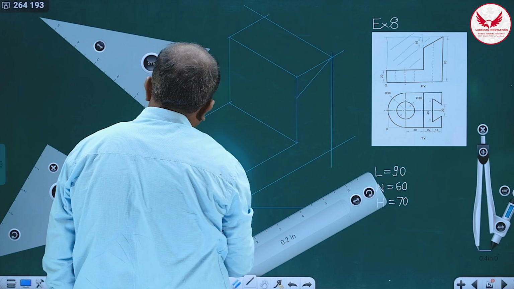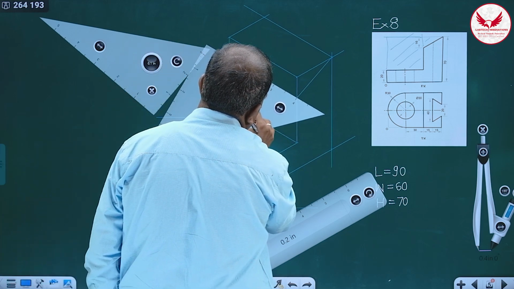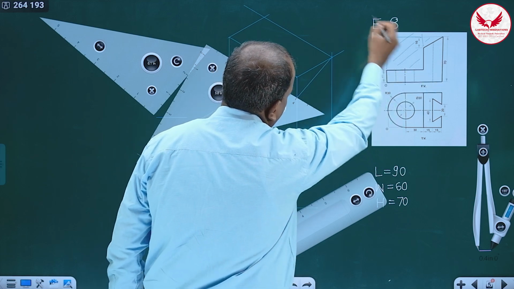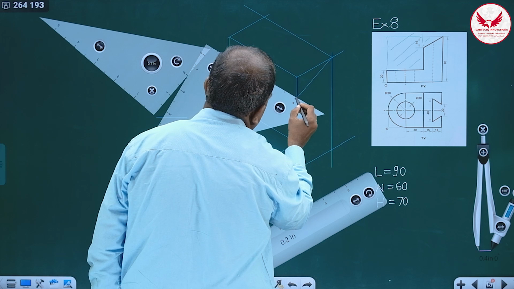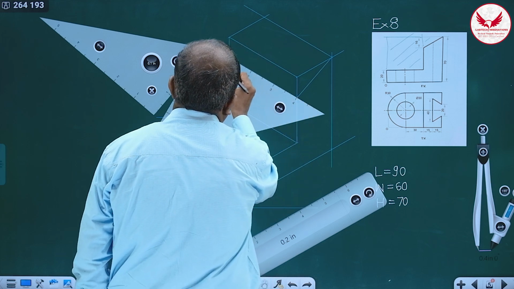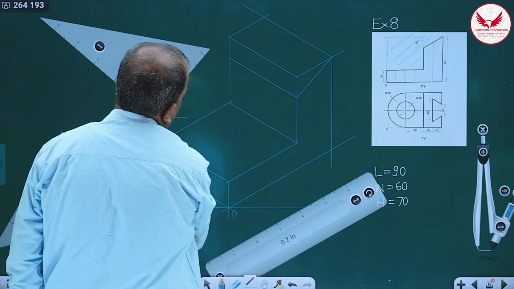This triangular portion we have to cut, means throughout this length it is not existing in the front view, means from the box completely we have to cut it like this up to this. Again it is very simple.